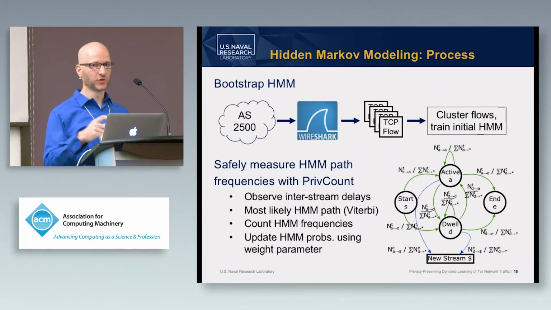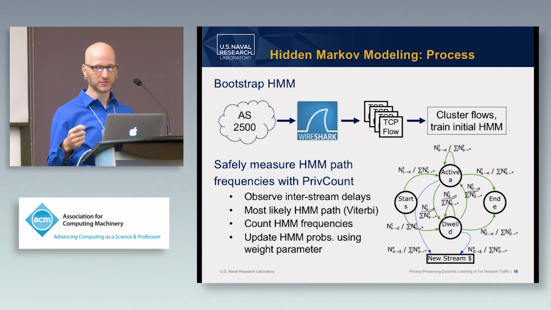And then as we observe Tor traffic on circuits, we will take our sequence of streams or sequence of packets and run the Viterbi algorithm to find the most likely path through our HMM. And then for every edge that was traversed as part of the most likely path, we increment a PrivCount counter.